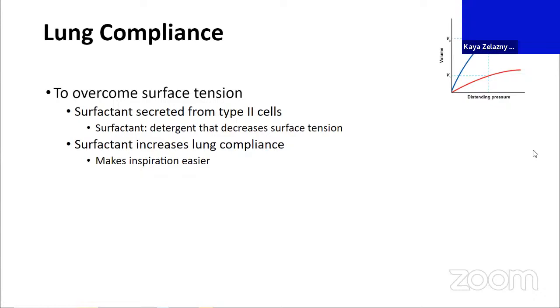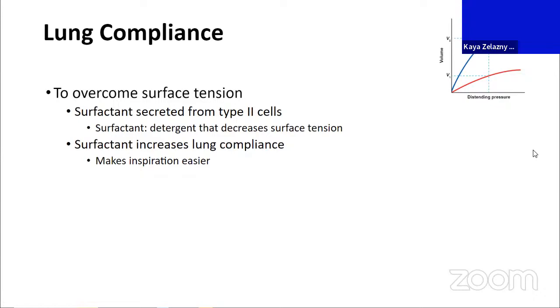Sometimes this goes wrong, like in infants with infant respiratory distress syndrome. One of the things that can be wrong is that they're not making enough surfactant. So they're having trouble breathing because they've got too much surface tension in the lung, affecting the compliance of the lung and therefore their ability to effectively expand the lung.